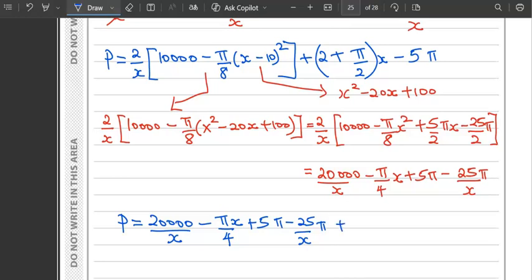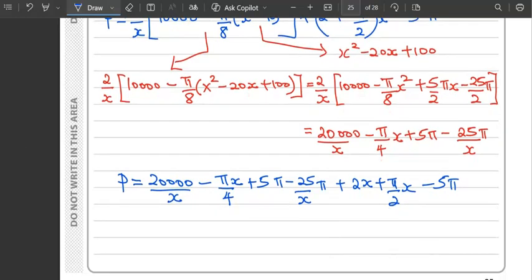Then we'll add to it, and of course we can expand this too. When we expand this, 2 times x gives you 2x, then pi over 2 times x gives you plus pi over 2 x, then minus 5 pi.